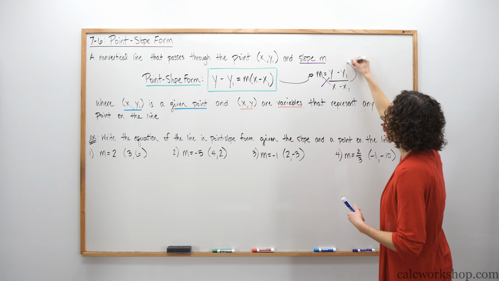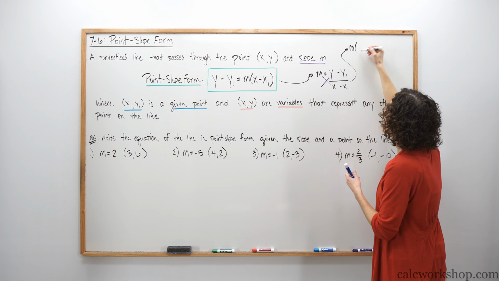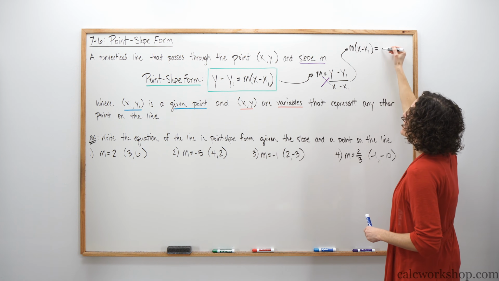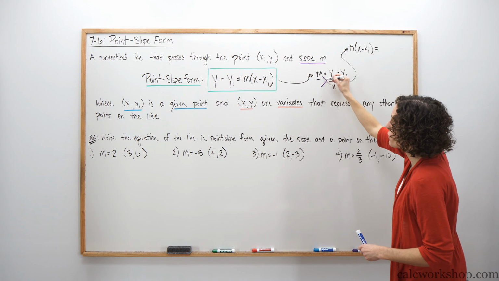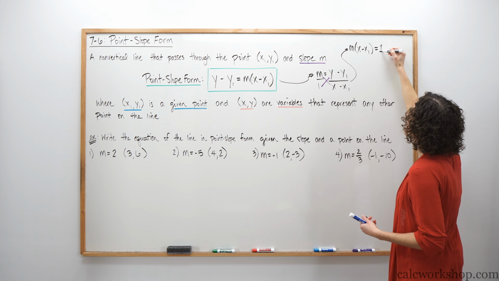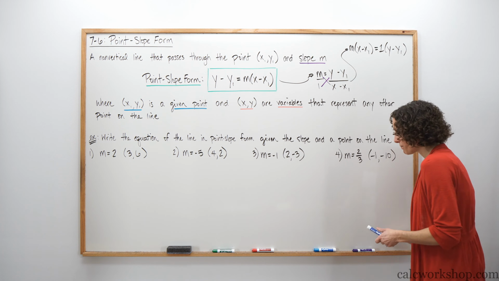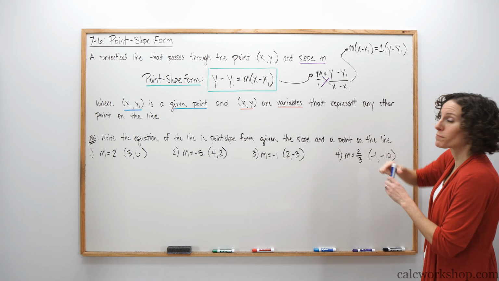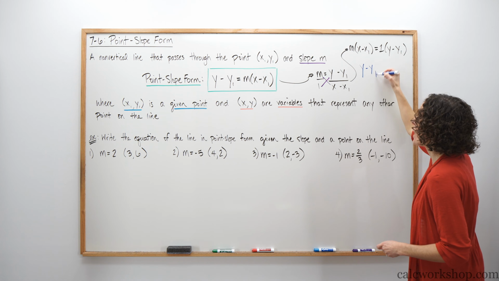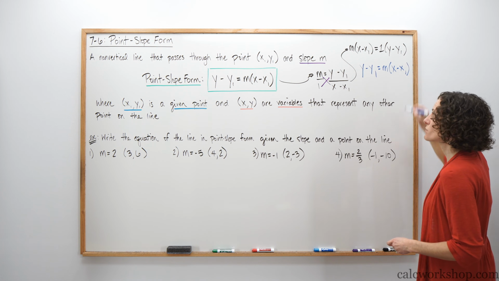So what happens now is that we have m times x minus x1 equals, and again this would be a value of 1 if we put it as that fraction, 1 times y minus y1. Well, if you look at that, I'm just going to put this one first in terms of organization. We have y minus y1 equals m times x minus x1.